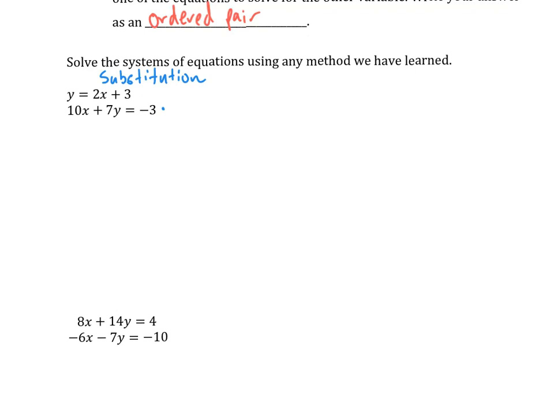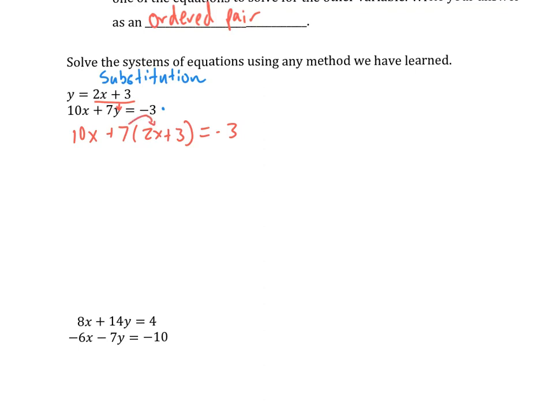Like our first step says up there, we want to substitute this expression in for y into our second equation. So then we'll have 10x plus 7 times (2x plus 3), and that will be equal to -3. Now we just need to solve to get x by itself because we only have one variable.